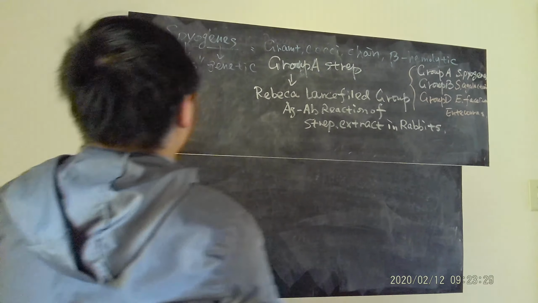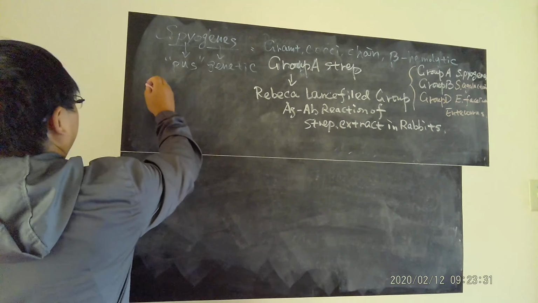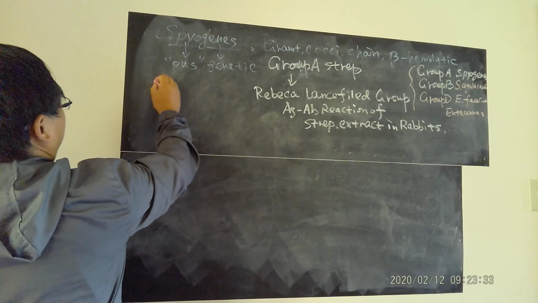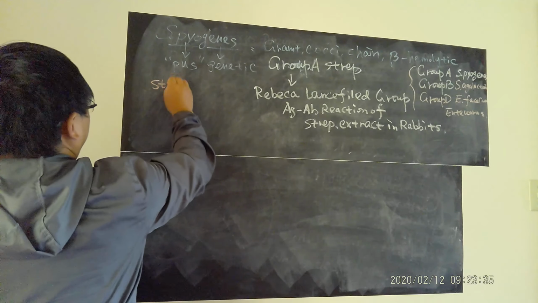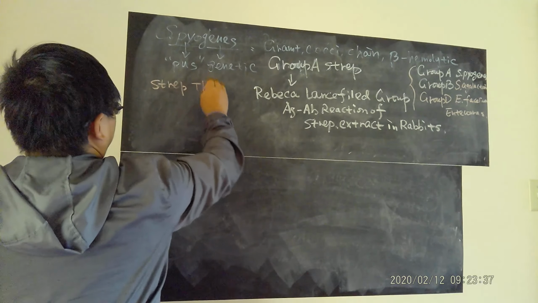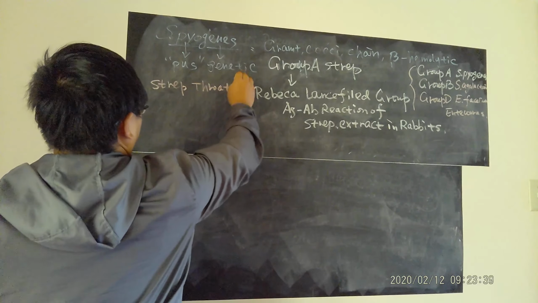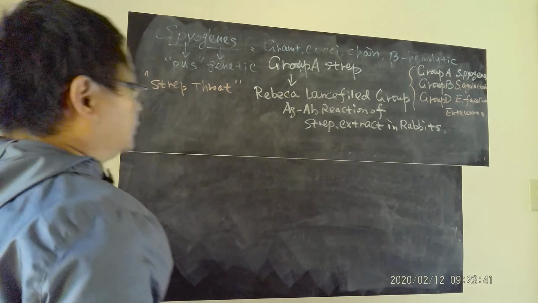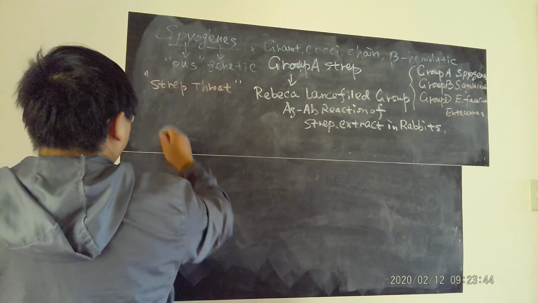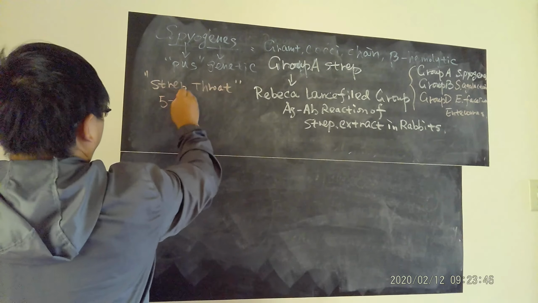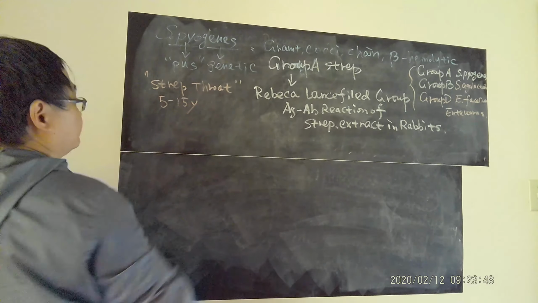Streptococcus pyogenes has a very typical symptom called strep throat. Everybody knows this. The typical risk group is people 5 to 15 years old.